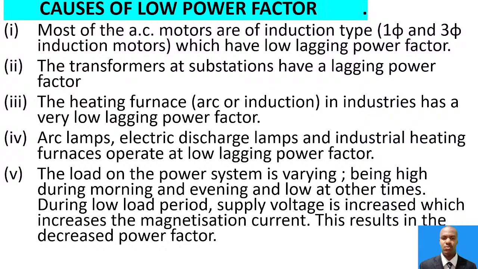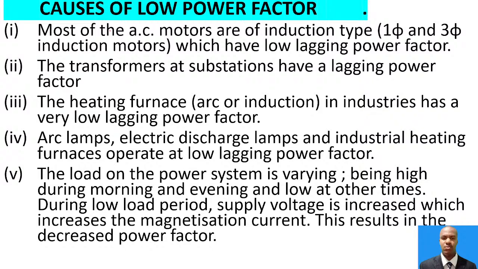For example, arc lamps, which are used in cinemas, operate at a PF ranging from 0.3 to 0.7. We have the neon lamps and signs; they operate at 0.4 to 0.5. We have the fluorescent lamps; they operate between 0.6 and 0.8 power factor.